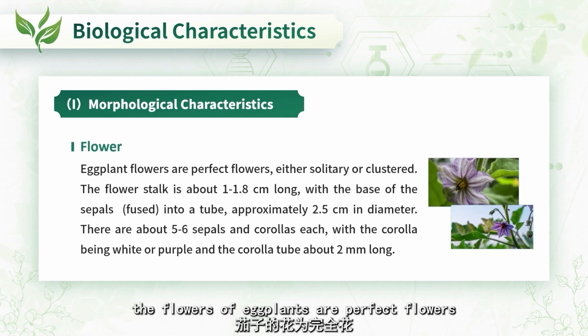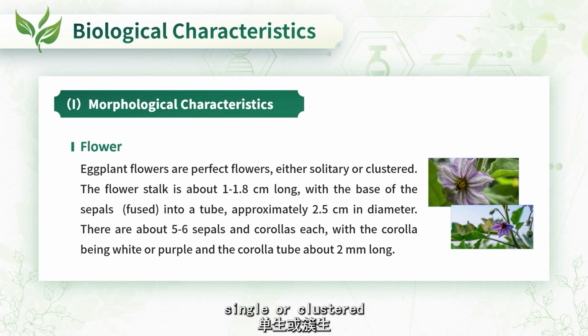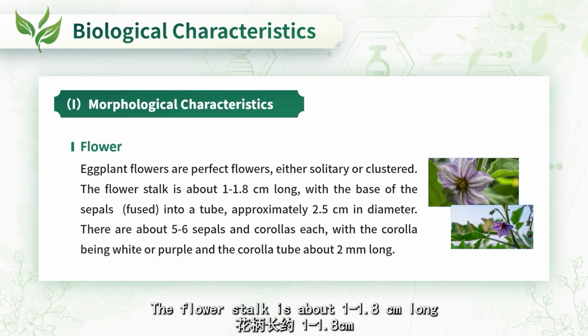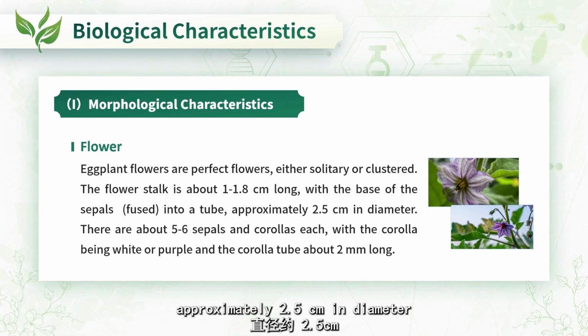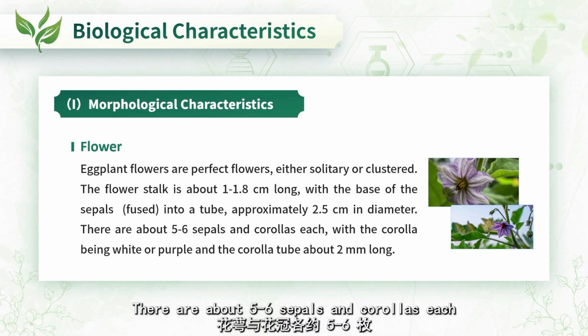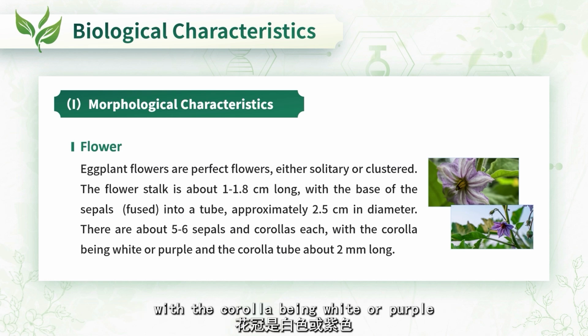Flower. The flowers of eggplants are perfect flowers, single or clustered. The flower stalk is about 1.8 cm long. The base of the sepals is fused and tubular, with a diameter of about 2.5 cm. There are about 5-6 sepals and corollas each, with the corolla being white or purple, and the corolla tube about 2 mm long.